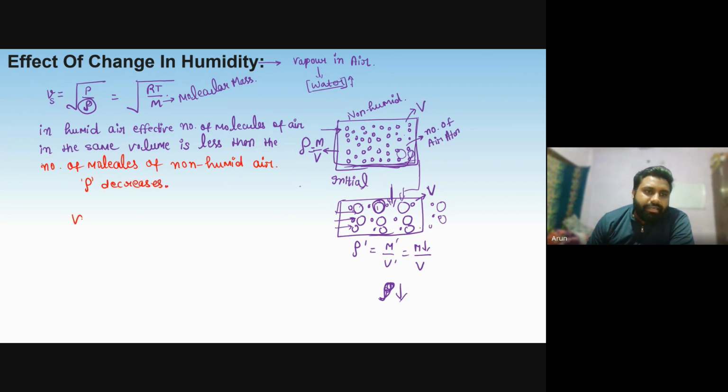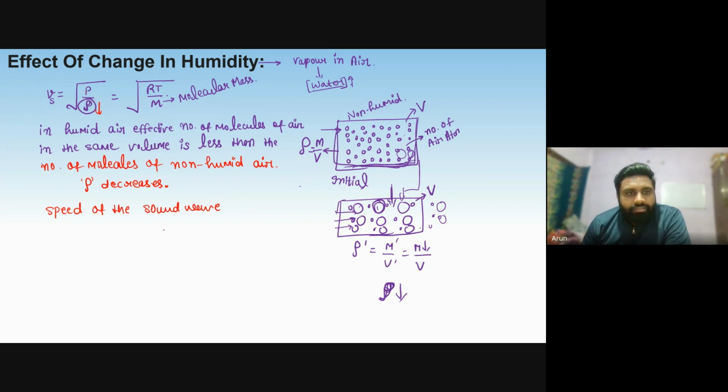Hence, we can say that speed decrease, sorry, increase. Because if rho decreases, the whole expression will increase because the pressure is constant outside.